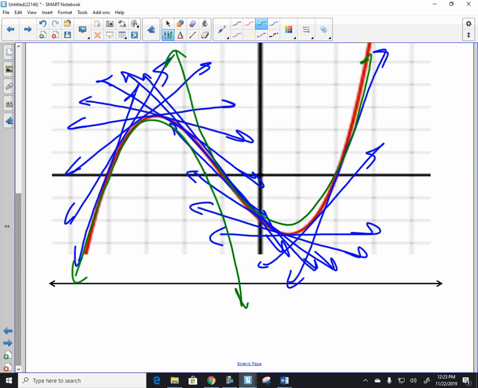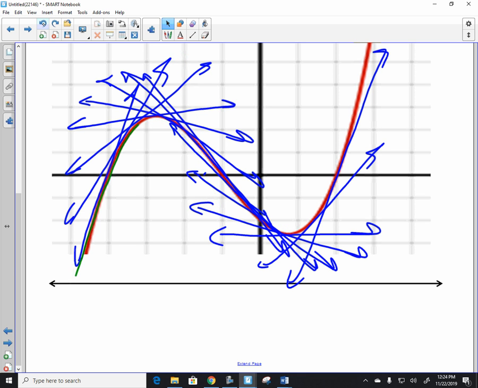Anybody want to guess which one we call concave up and which one we call concave down? Concave down, concave up. If it looks like it would hold water, it's concave up. If it looks like it would dump out water, it's concave down. Okay? So, how can we determine that ahead of time?